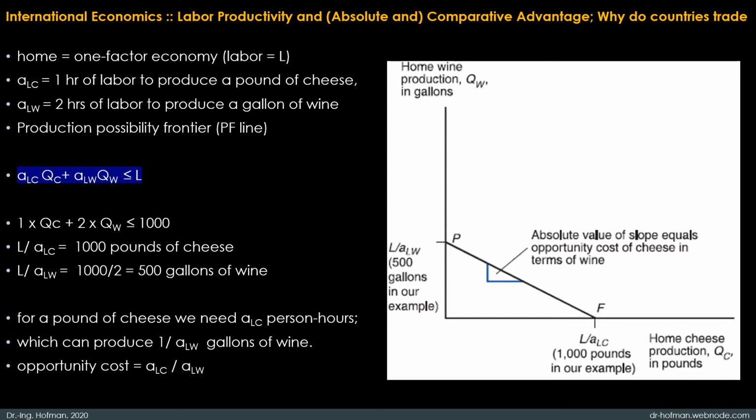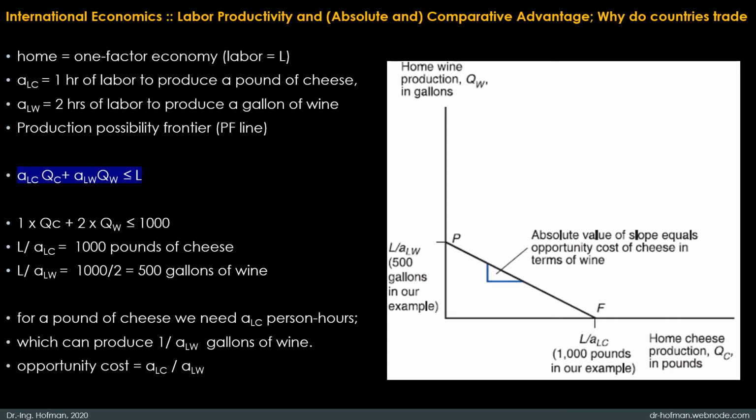If the economy devoted all its labor to cheese production, it could, as shown in the graph, produce L over ALC pounds of cheese, 1000 pounds. If it devoted all its labor to wine production instead, it could produce L over ALW gallons, that is 1000 over 2, or 500 gallons of wine.